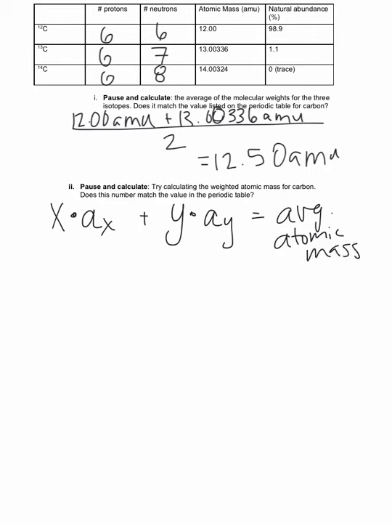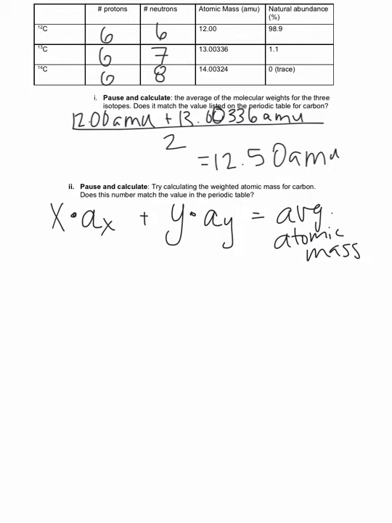Now, the formula that we are using here needs the fractional value, or the ratio, of one isotope over the total. However, in the table, we have the natural abundance in percentage.